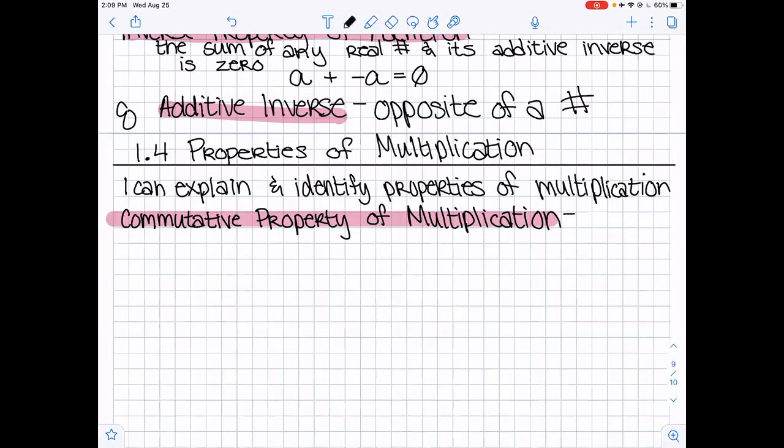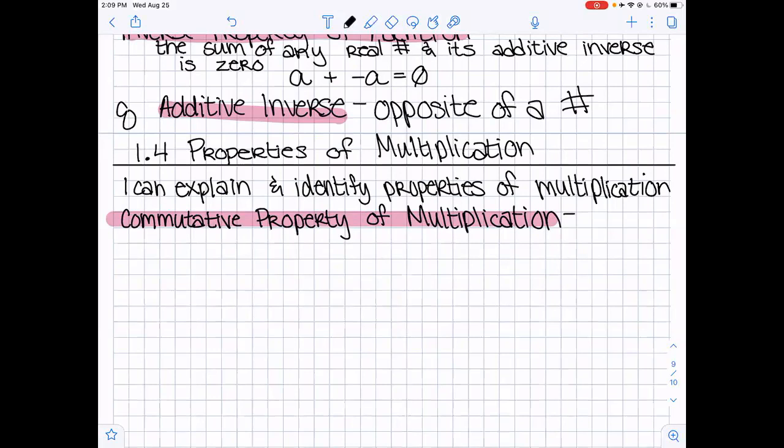Okay, what did we say the commutative property of addition did? When two or more numbers are added, the order doesn't affect the answer, right?